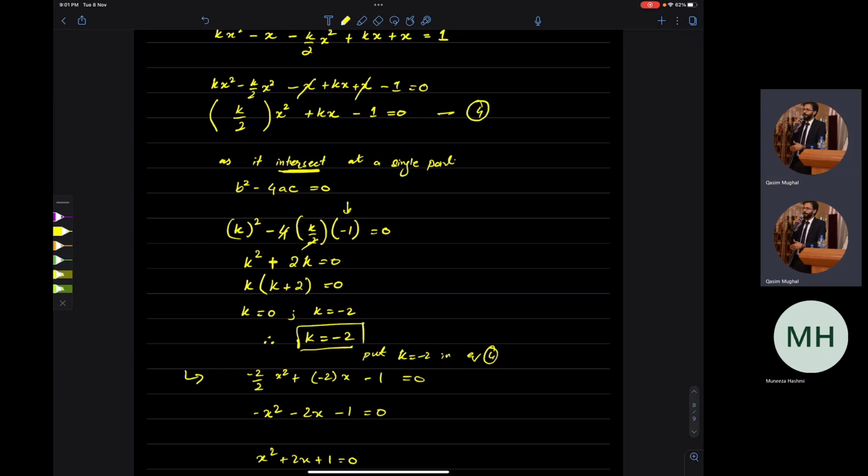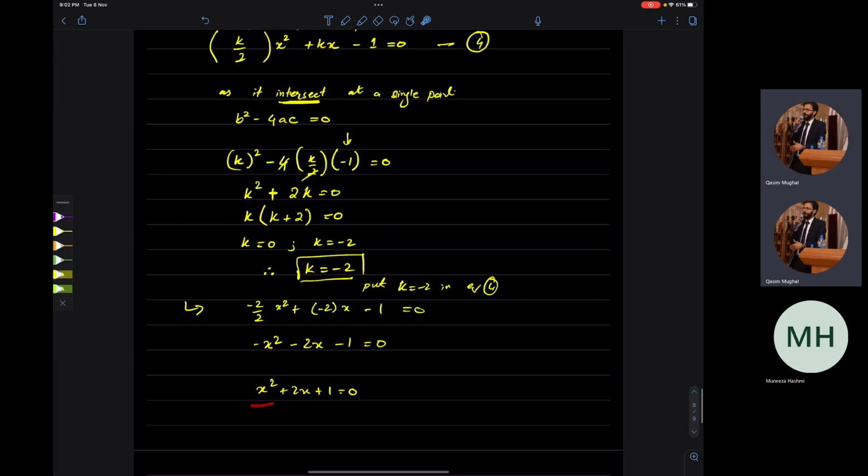Minus 2 over 2 is minus 1. So minus x squared, minus 2x, and minus 1. So minus x squared minus 2x minus 1 equals 0. X squared plus 2x plus 1 equals 0.